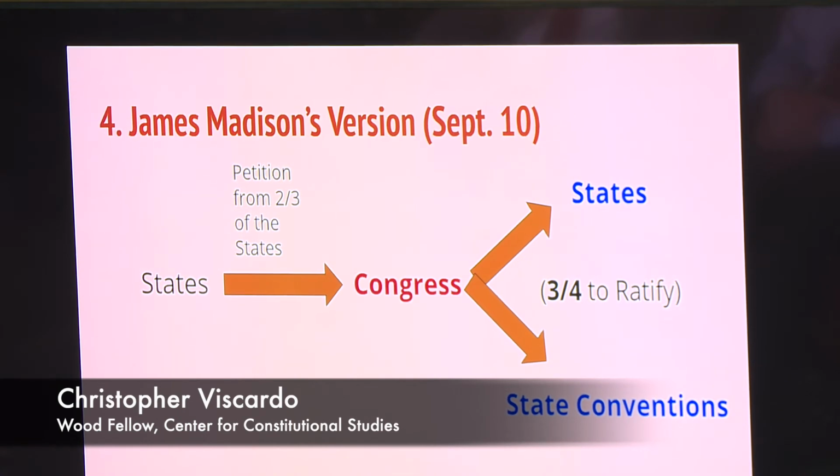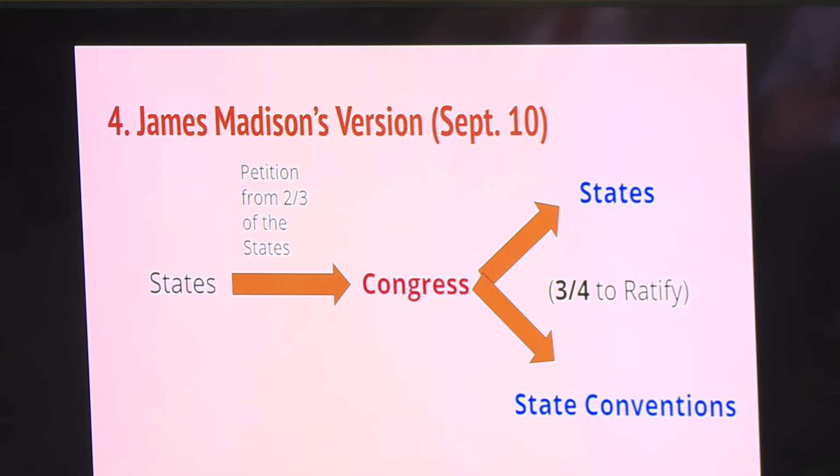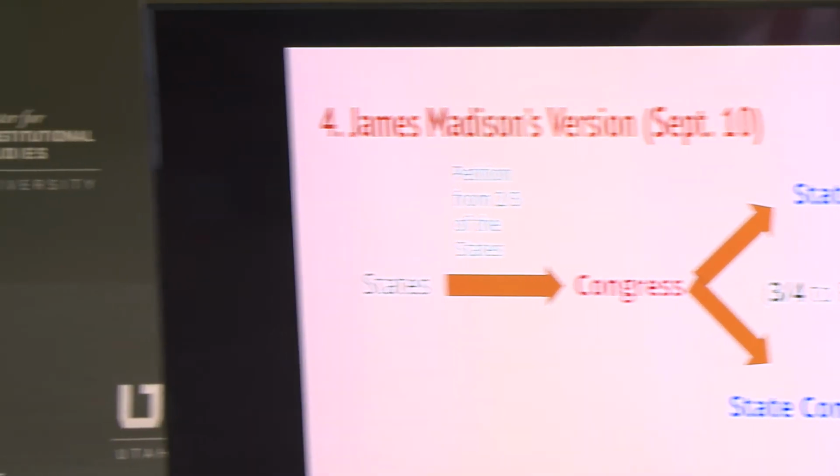And then, interestingly, Madison also adds a second way of ratifying an amendment. So you could go to the states through their state legislatures, and if 3/4 of those agreed, then it became part of the Constitution. Or you could do state conventions, which were little conventions in each state that were called up only for the purpose of ratifying that amendment, and then they dissolved.